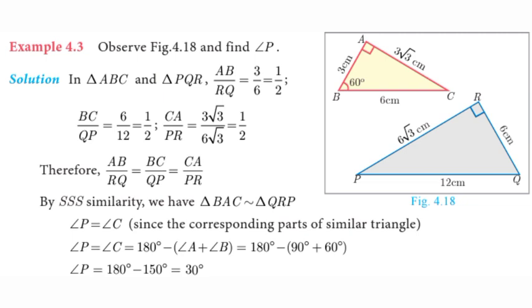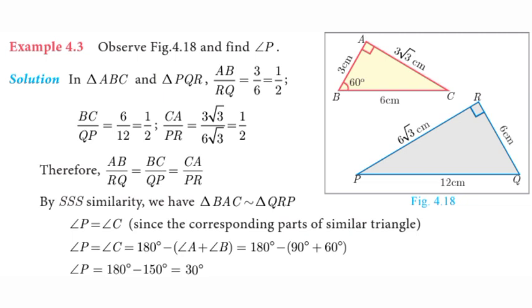Angle A plus angle B plus angle C equals 180 degrees. That means angle C equals 180 minus angle A minus angle B. Therefore 180 degrees minus angle A value, it is a right angle triangle, that is 90 degrees, plus angle B value is 60 degrees, that is given.